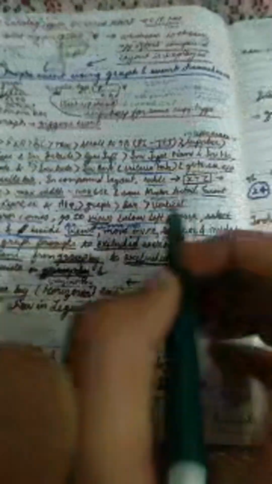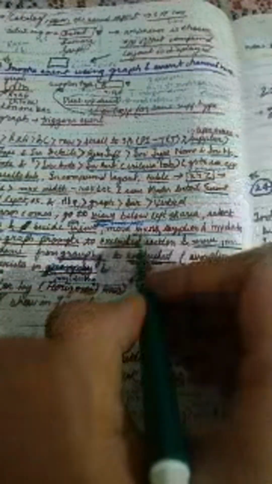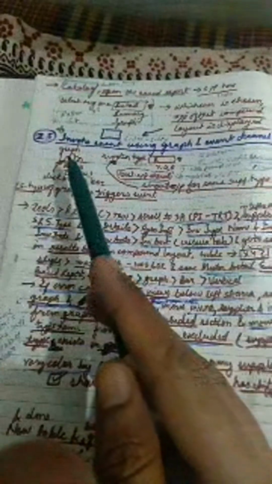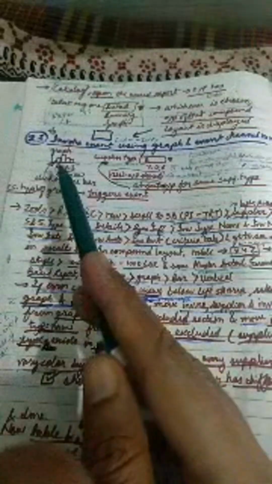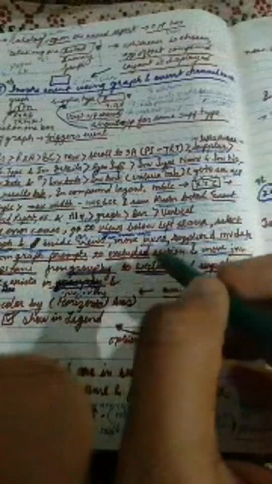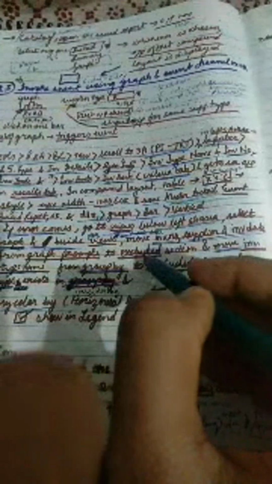Don't get confused: the graph prompt will have multiple values, and I'm taking only one value here because I want to invoke. If I take only one value, like supplier type, and I click that, only that output comes. So in the graph prompt there are multiple columns selected by default, and I'm moving the rest of the columns to the excluded section.